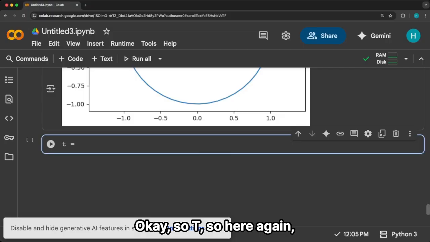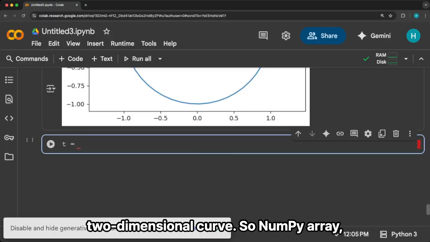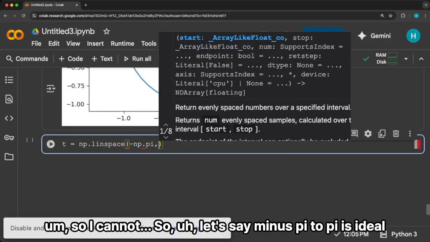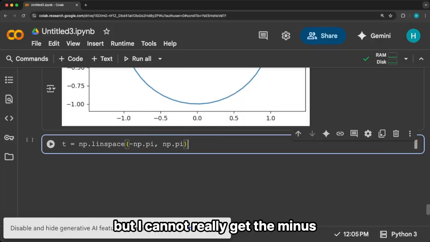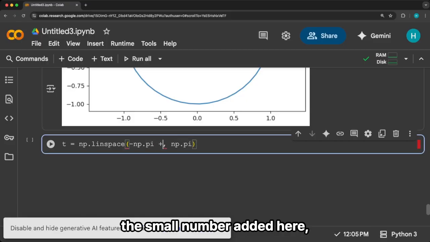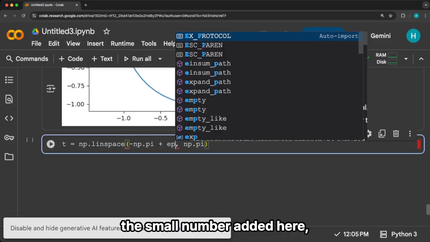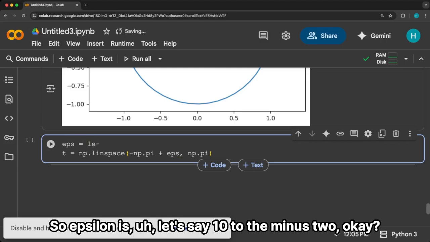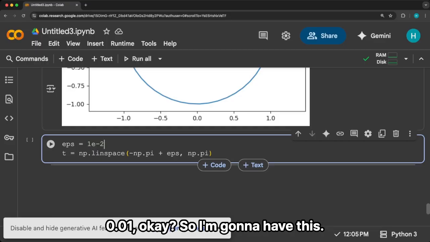Here again, it's not a surface, it's a two-dimensional curve. So, numpy array. Minus pi to pi is ideal, but I cannot really plug in minus pi. So I'm going to set a small number, EPS, representing epsilon. Let's say epsilon is 10 to the minus 2, 0.01.